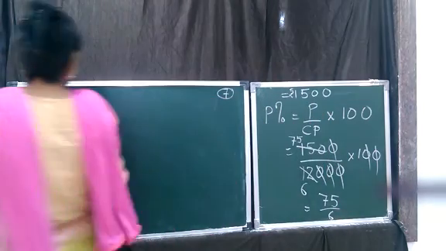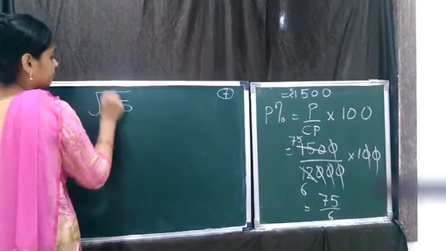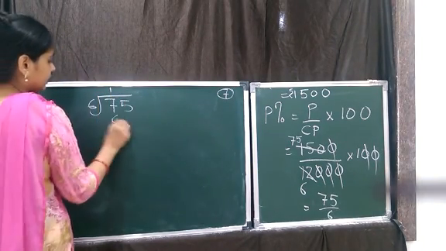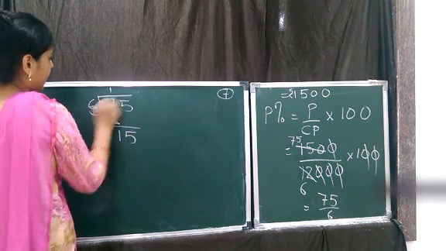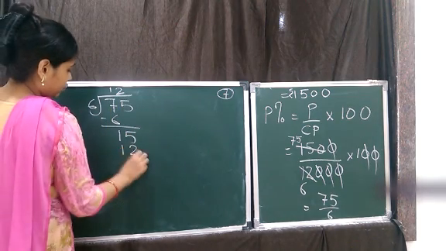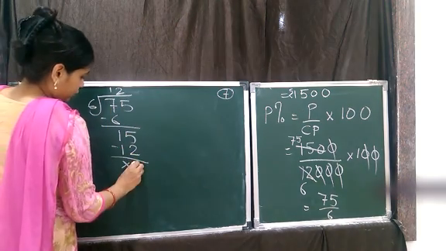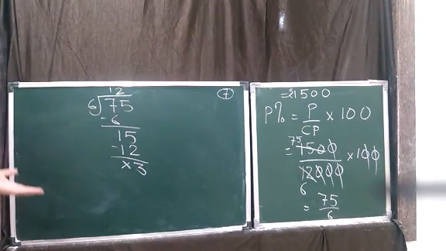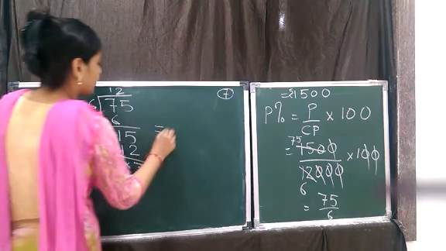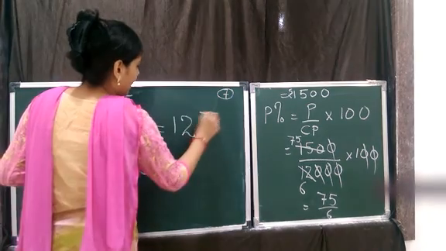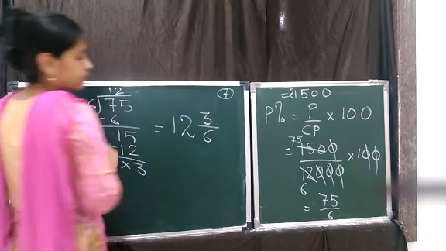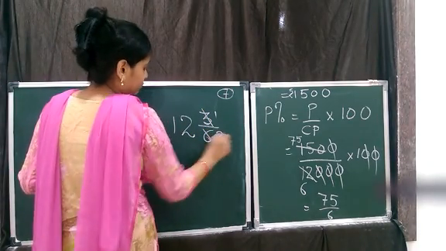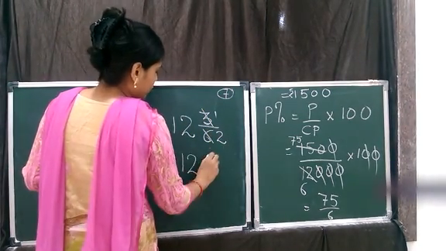So we divide 75 and 6. 6 ones are 6 and 6 twos are 12. So this is 3. Now we can put the decimal, or we can also write it like this: 12 and 3 by 6. Now 3 and 6 both are divisible by 3. So your answer comes out to be 12.